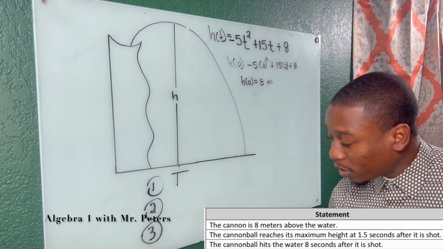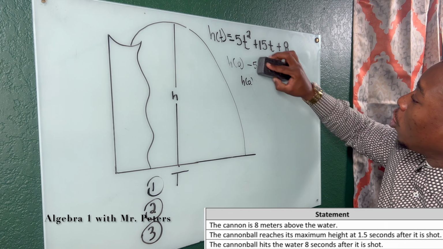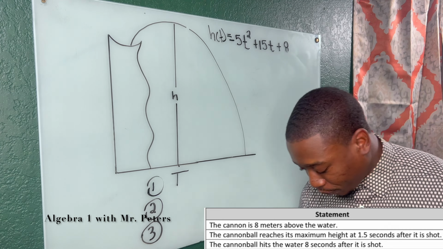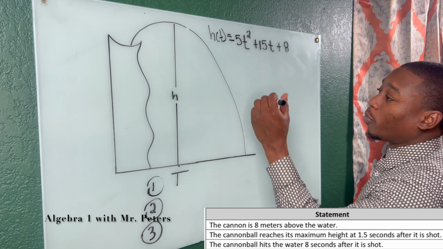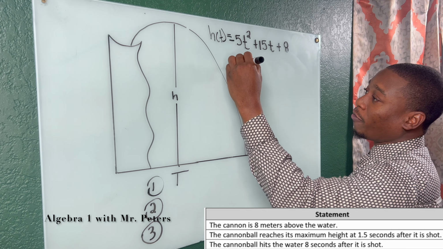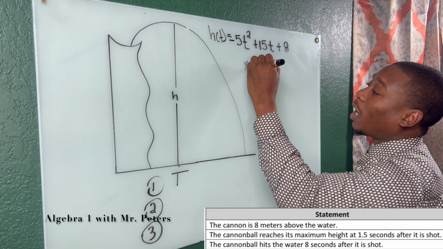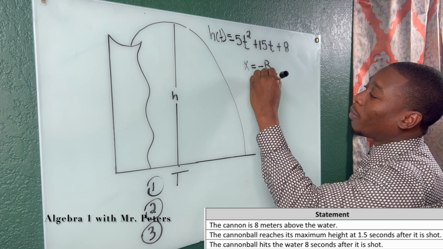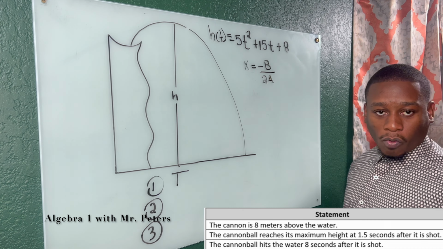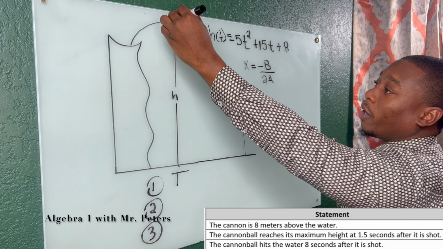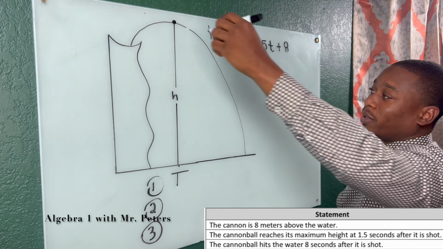So, for us to figure this out, we're going to have to use the vertex formula of a parabola. And that vertex formula is x is equal to the opposite of b divided by 2a, right? That's going to give us the x coordinate for this high point.